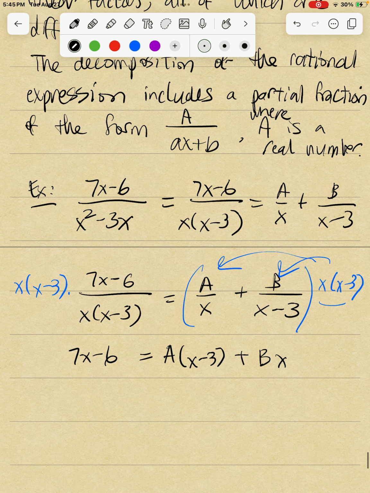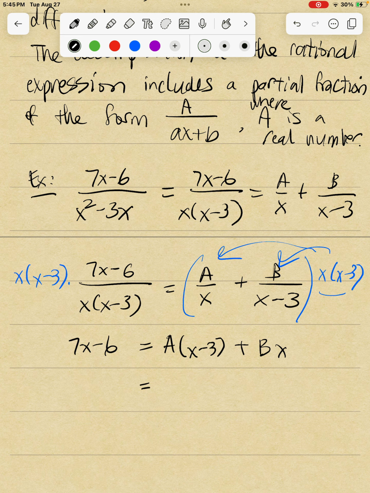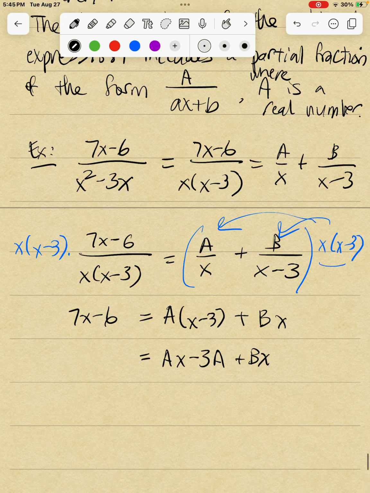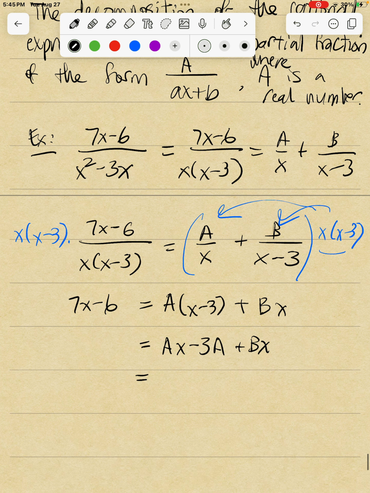And now you can distribute the a across, so you're going to get ax minus 3a plus b times x, and then you can combine the like terms and get ax plus bx, so that's a plus b quantity times x, and then minus 3a. So that's 7x minus 6.